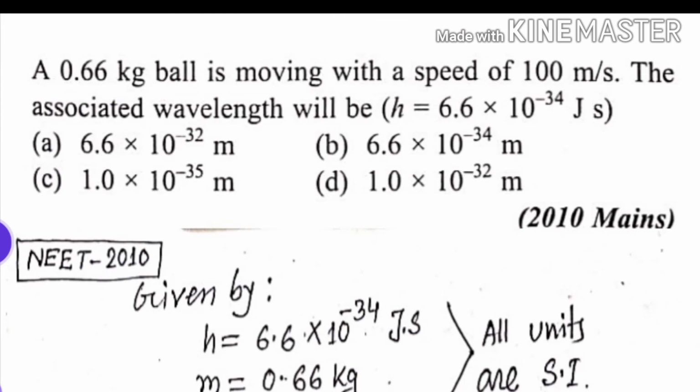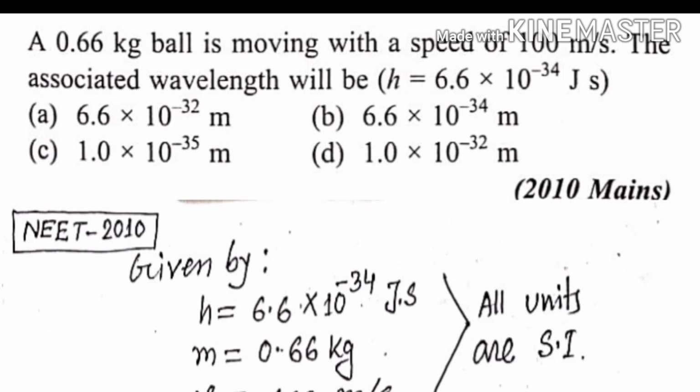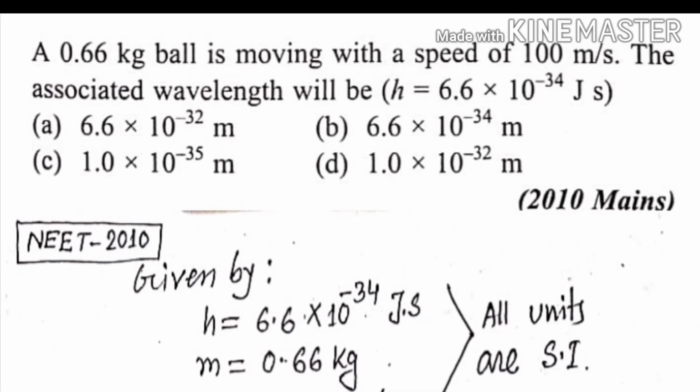In the next question, a 0.66 kg ball is moving with a speed of 100 meter per second. The associated wavelength will be A, B, C or D. Here given Planck constant equals 6.6 into 10 to the power minus 34 joule second.